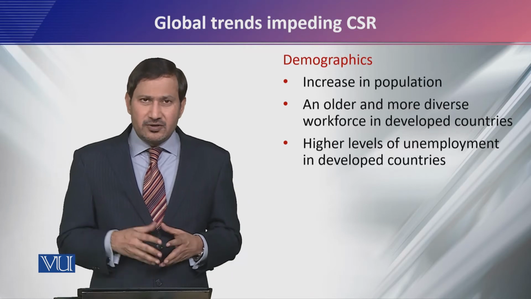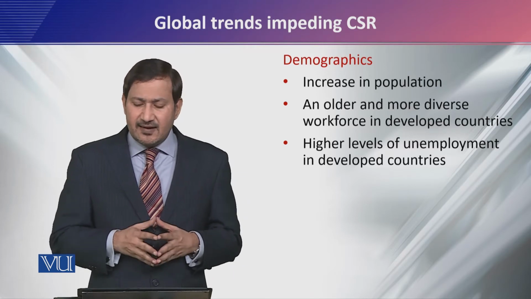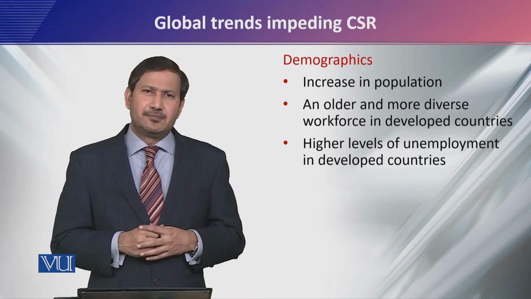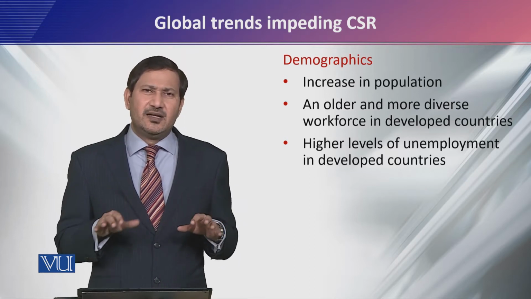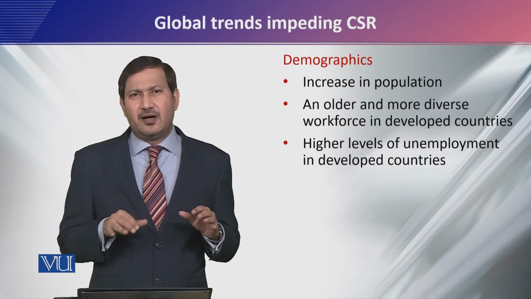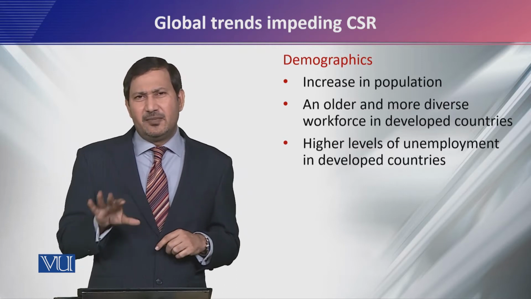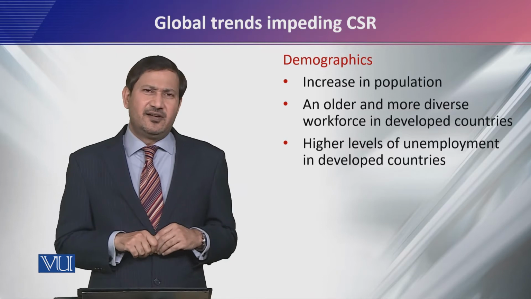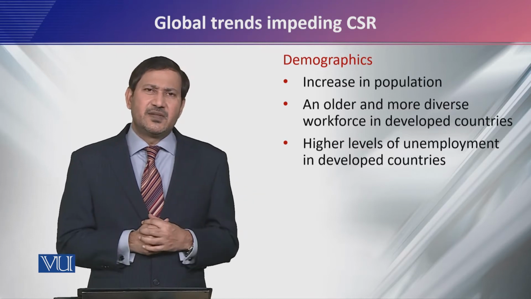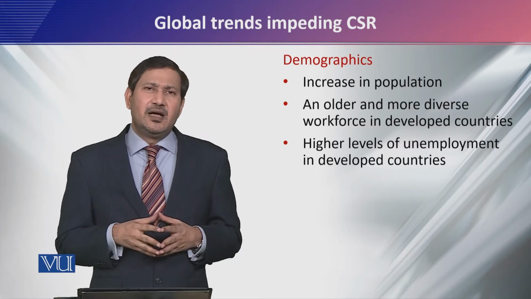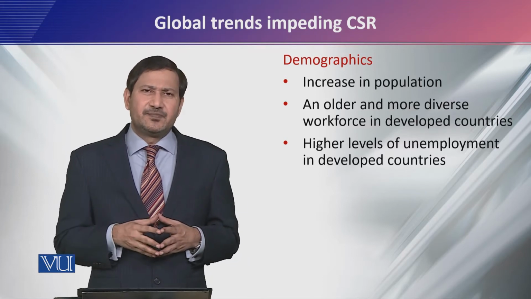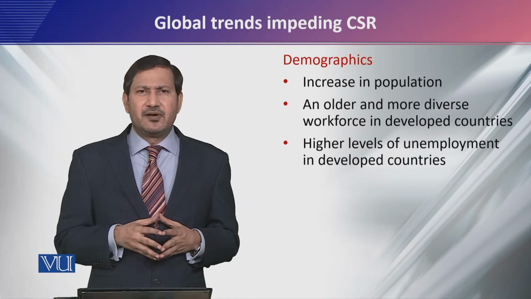An older and more diverse workforce, I just discussed, and higher levels of unemployment in developed countries. So you may see that in different parts of the world, there is a different level of unemployment. Unemployment in the developed countries is different than in the underdeveloped countries. Unemployment in the developed countries or underdeveloped countries is largely because of different reasons.